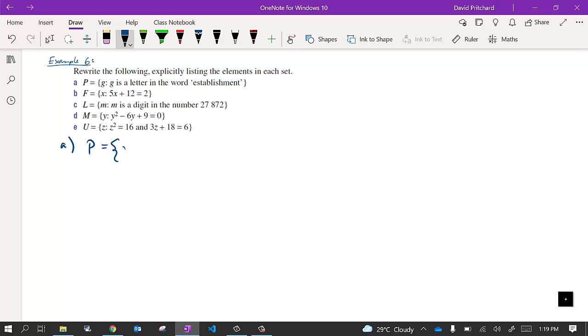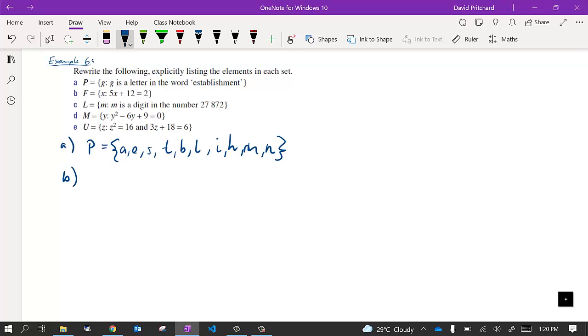So we've got A, E, S, T, B, L, I, H, M. Now we don't put E again. Remember, we don't repeat elements. So E's already there. We don't have N, and T's already there. So there's our elements of the set P.